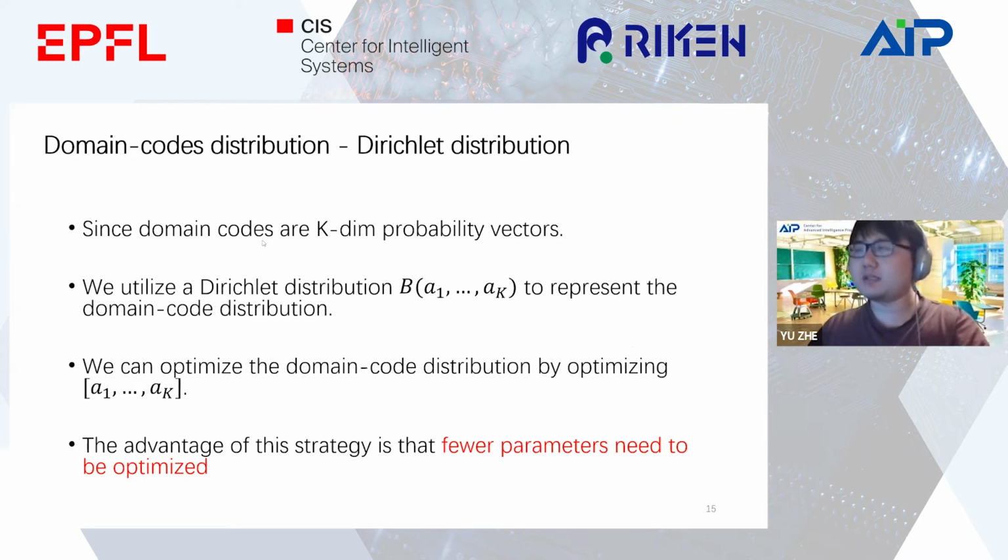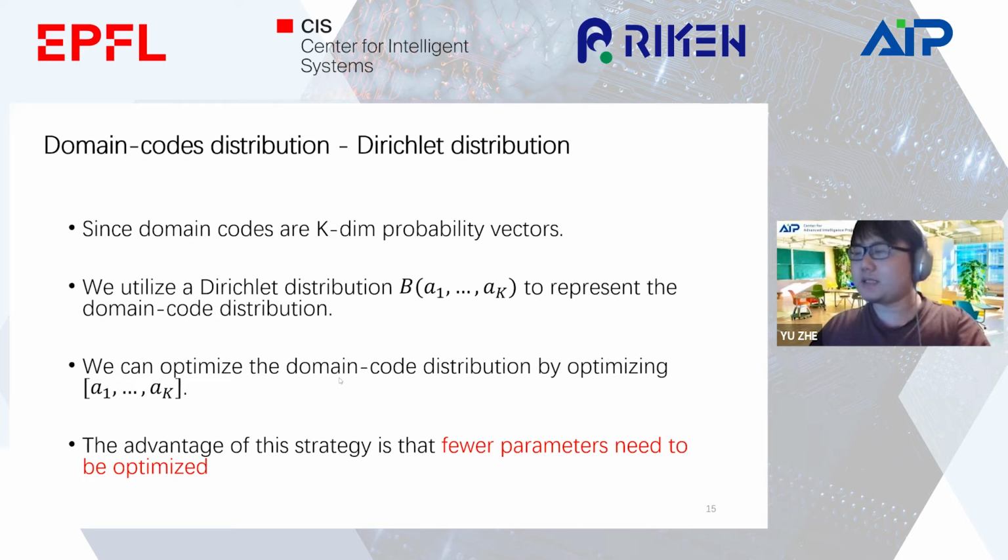First, I will talk about the first strategy, the Dirichlet distributions. Since the domain codes are K-dimensional probability vectors, it is natural to first consider the Dirichlet distribution. So we utilize a Dirichlet distribution parameterized by alpha 1 to alpha K to represent the domain code distributions.